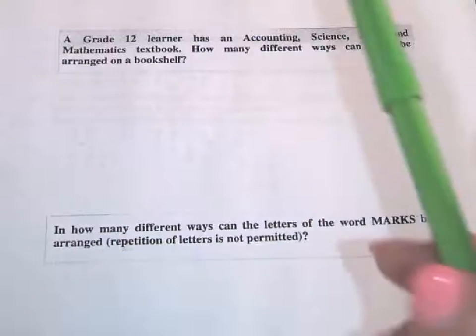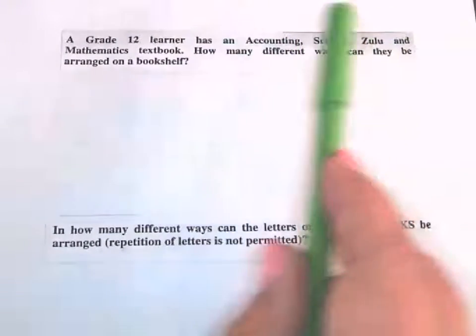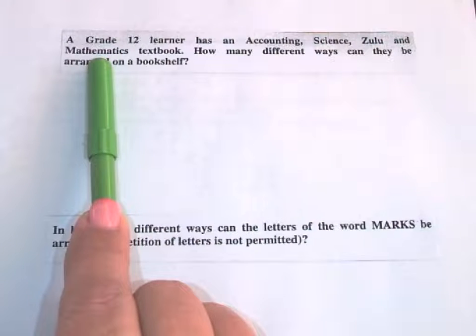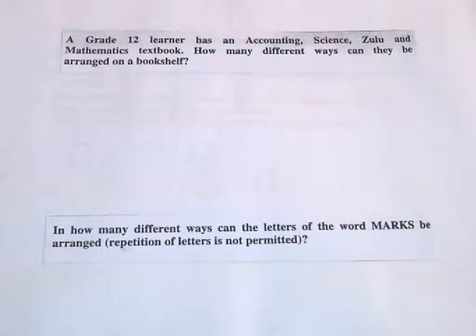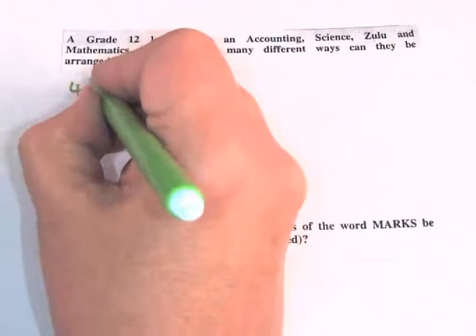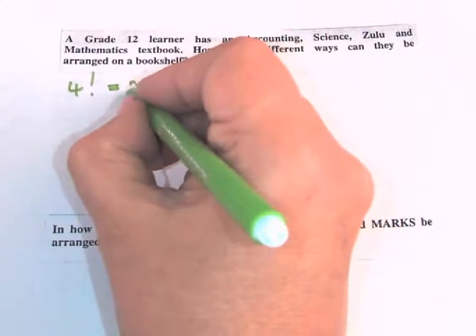If he wants to place the accounting textbook, the science, the Zulu, and the mathematics textbook on the shelf, how many different ways can he arrange them? How many books are there? 4. So how many different ways? 4 factorial. 4 factorial, and that is 24.